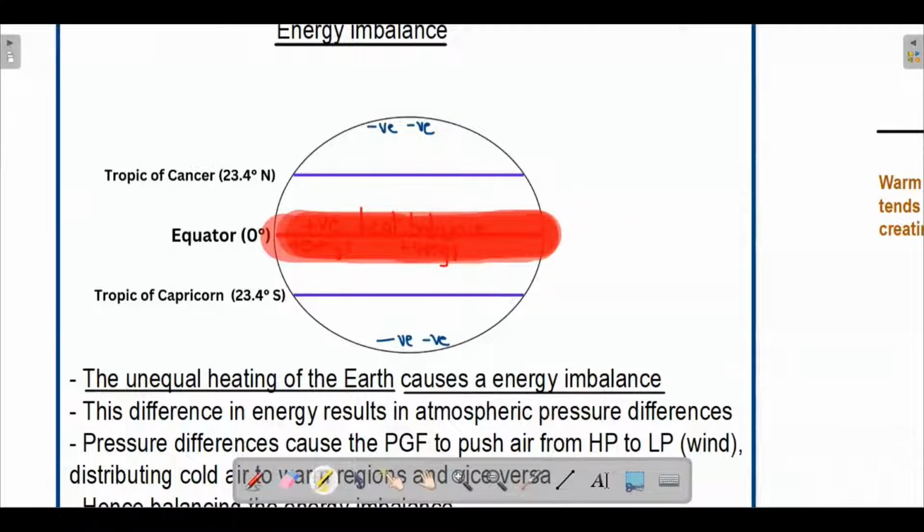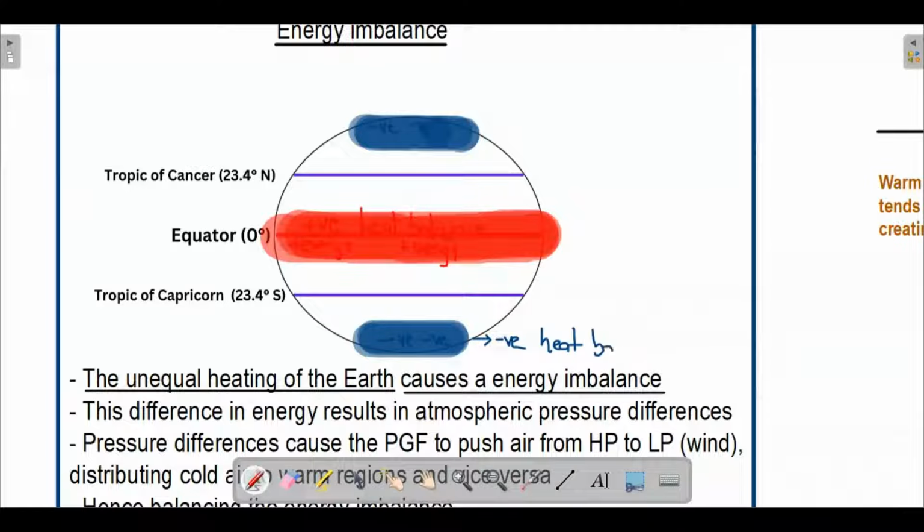And the fact that they have snow or ice, which reflects a lot of the sun's rays, means that more energy is lost than gained. So there's a negative heat balance here. The little amount of energy that is received is lost, and that's why it is very cold at the poles.